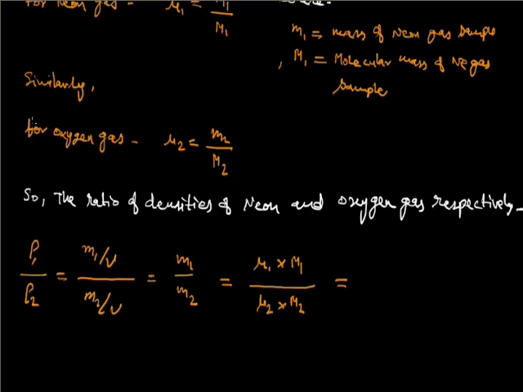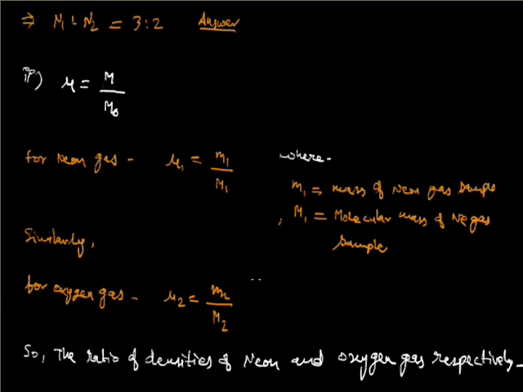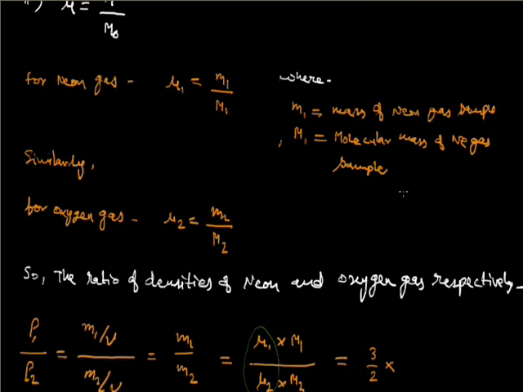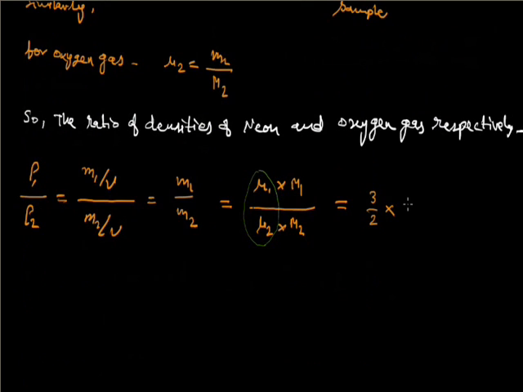The ratio of mu1 to mu2 is given as 3:2, which we have calculated earlier. So we can write 3/2 multiplied by the molecular mass of neon, given as 20.2, over the molecular mass of oxygen, given as 32.